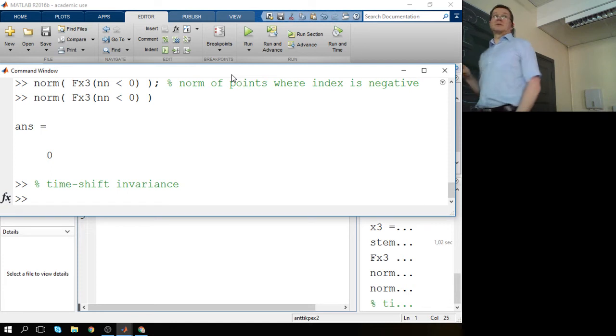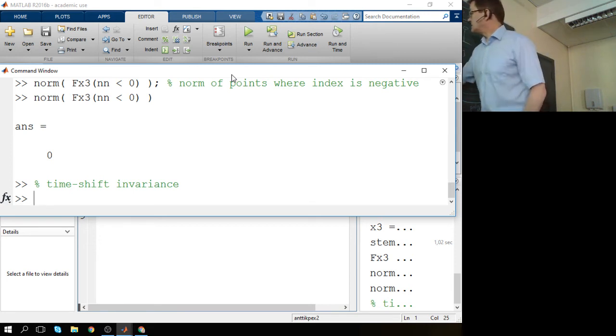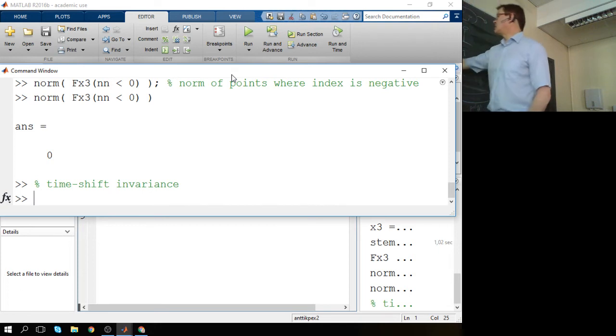For example, for 2 time steps, the system parameters on the left-hand side is just 1, which is the multiplier for y of n. So a0, which is 1. And on the right-hand side, the system parameters b0, b1, b2.